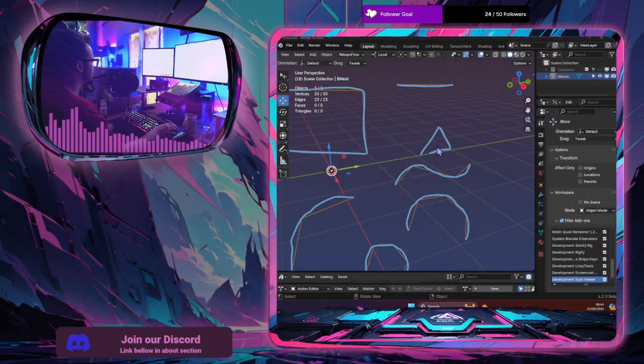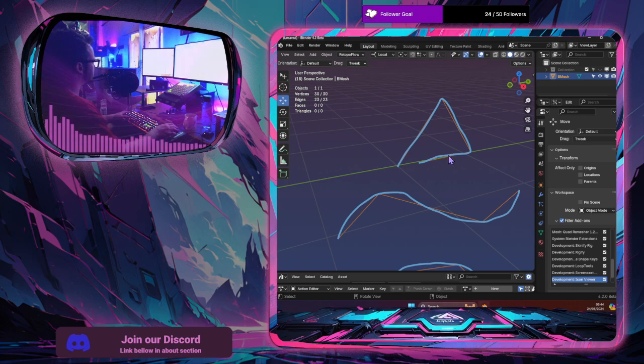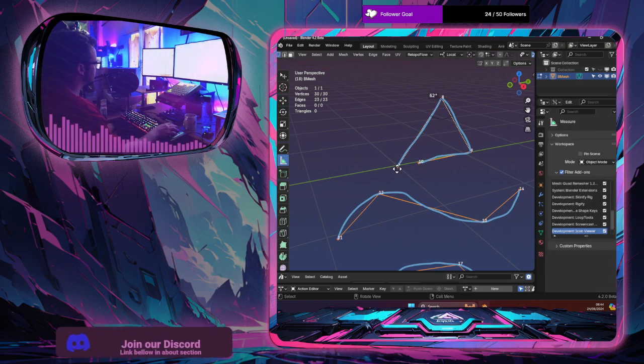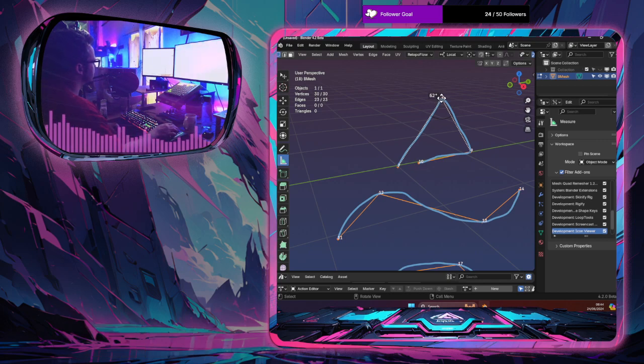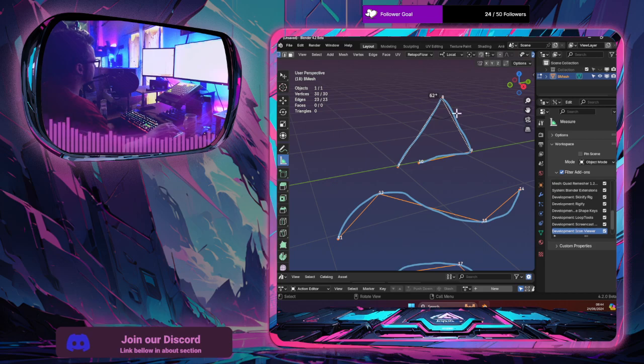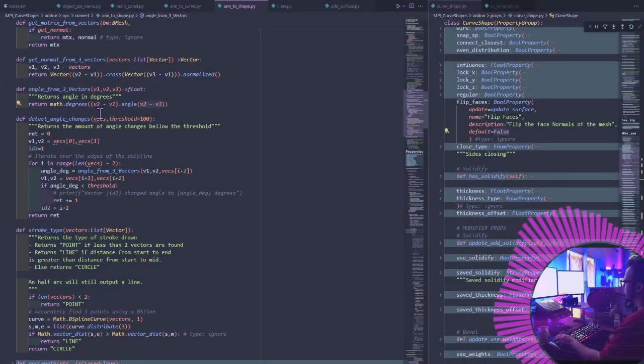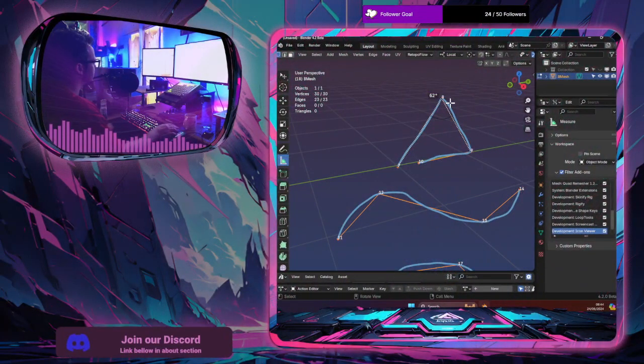For example, in the case that I was looking at here, these would be vector 0, 1, 2, and 3. If I'm looking at vector 1 here, I'm basically subtracting vector 2, which is the next vector, from this vector, and then getting the angle from the resulting vector to vector 2 to vector 3.